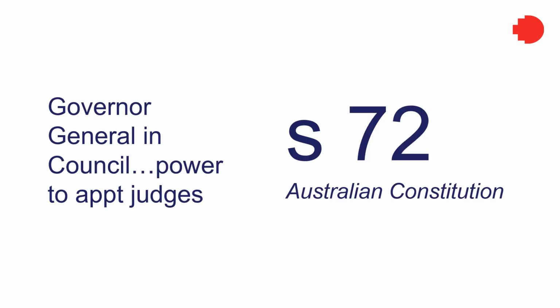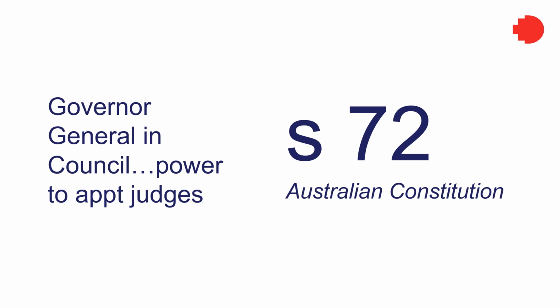Most commonly, this is done by the Governor-General in Council, and as we saw when we looked at the executive, the Governor-General in Council and the Governor of each state is a figurehead role who doesn't actually interfere politically with the mechanisms and does what it's asked essentially by the cabinet.